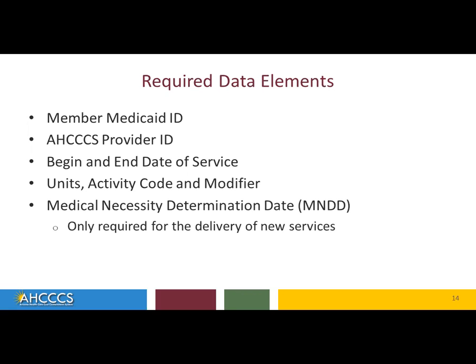And we'll talk a little bit in the coming slides about whether you do a monthly service confirmation, a quarterly, or an annual one. You include the activity code, the service code, how many units you expect to provide, and any modifiers. The modifier is an optional field, so it doesn't have to be included.